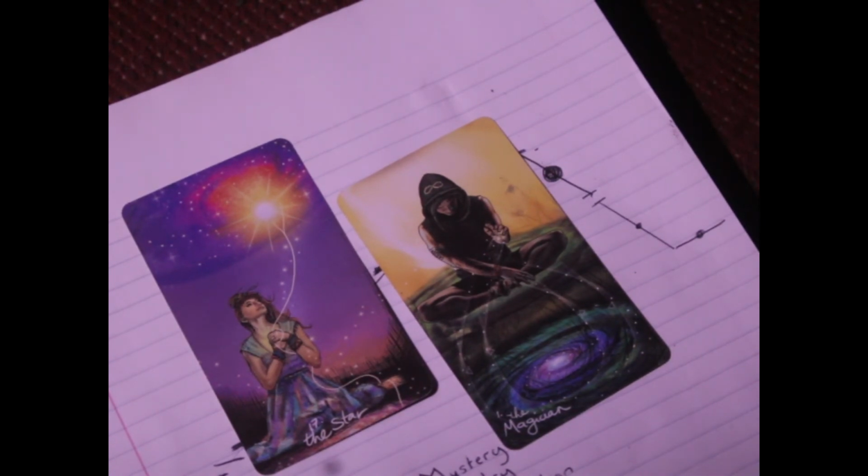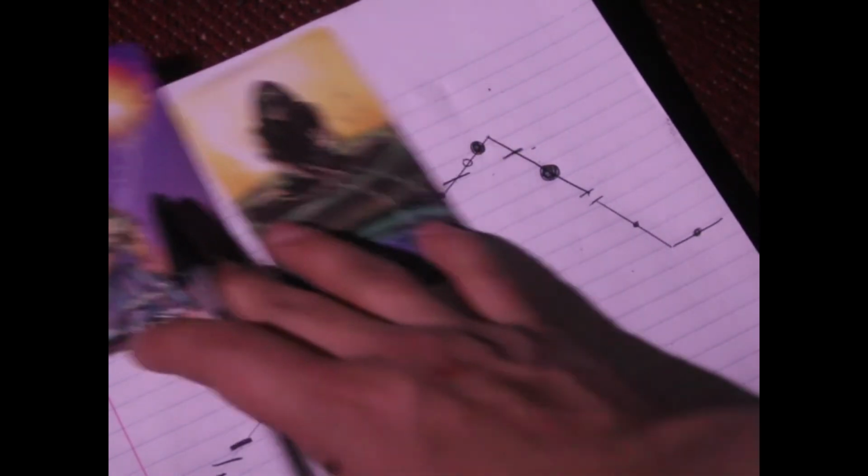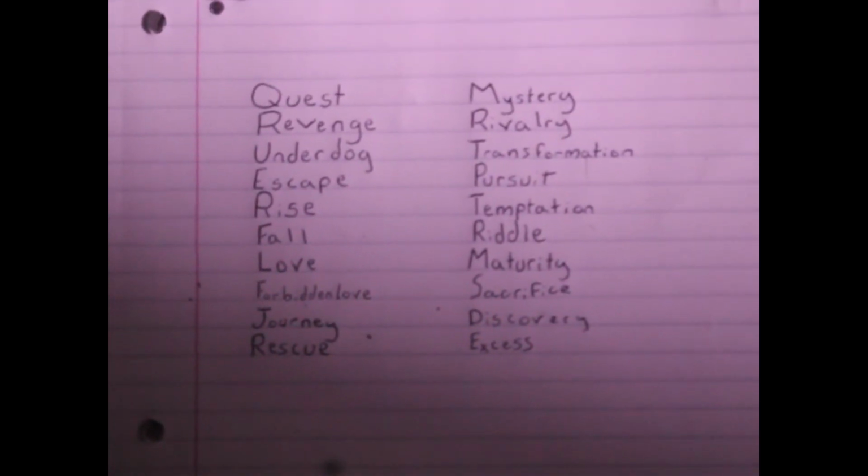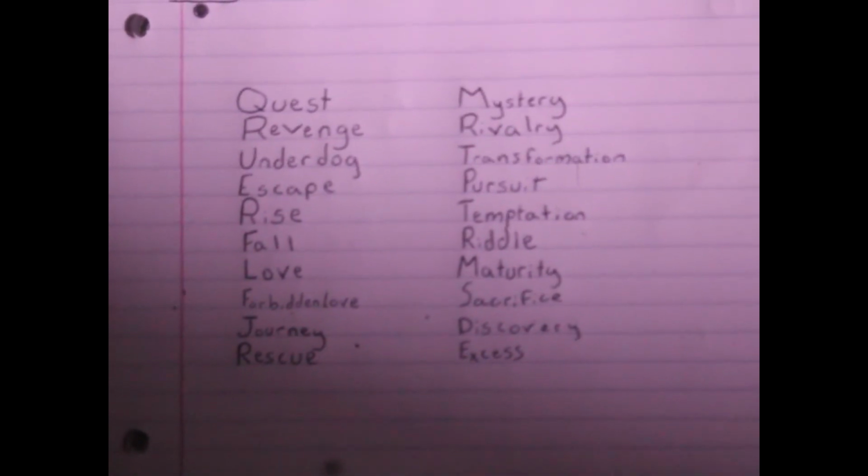So I hope you learned something. This is how I plot out some of my plots. I follow my little guide of the plot pyramid, and I go with the plots that I currently use, which are typically called tropes.